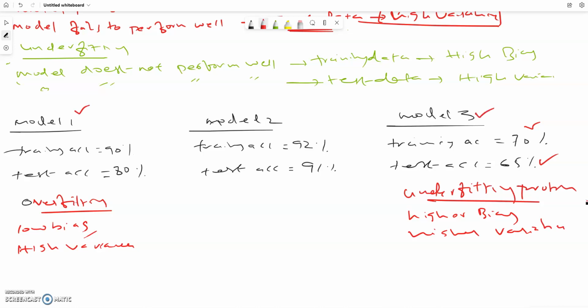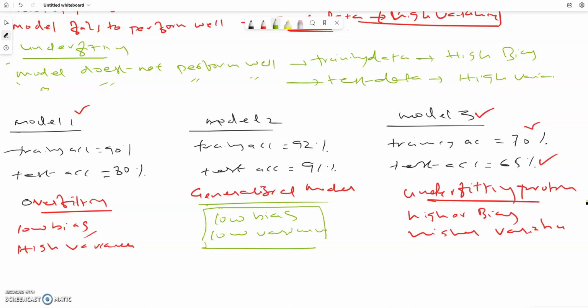So we have another model which is called a generalized model. Here we have low bias and low variance. So this is the best model because our training accuracy is good and our test accuracy is also good.